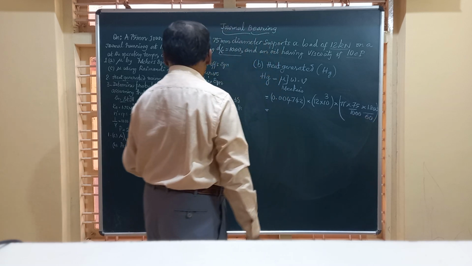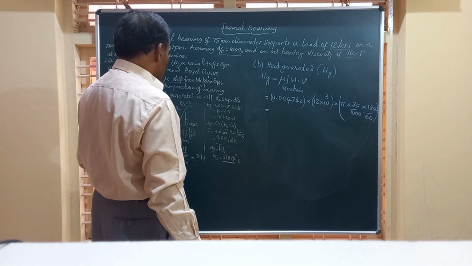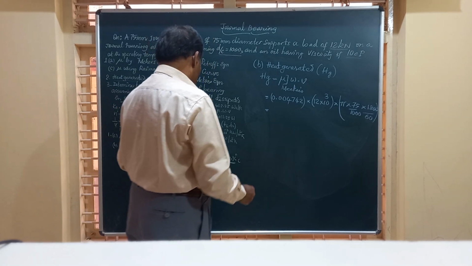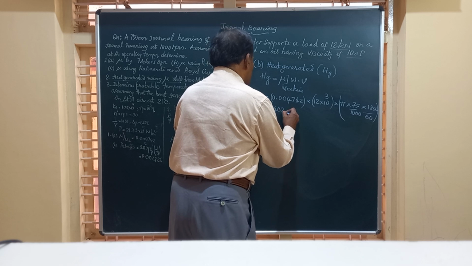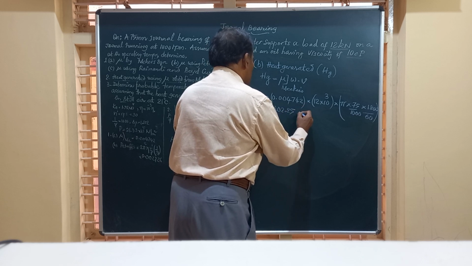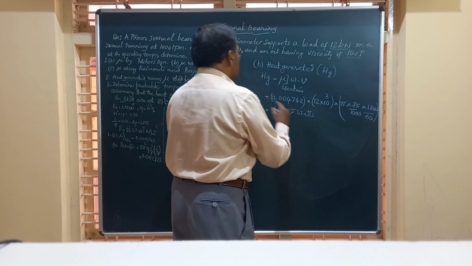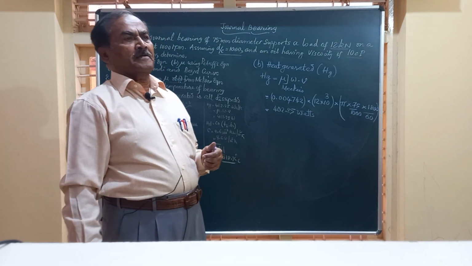This value of Hg works out to 402.25 watts. So this is the amount of heat generated in the bearing.